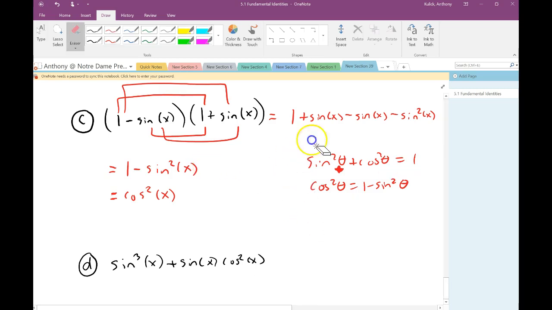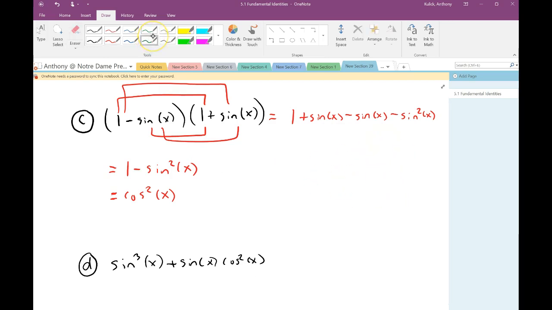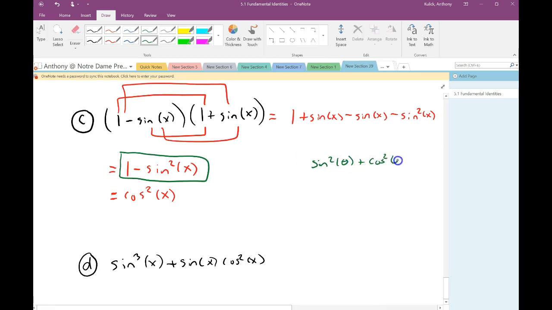Okay. So let's start this over, and we'll just kind of show you it again. So I looked here, and I saw I have a 1 and a sine squared in it. So I went to my identity sheet and saw, well, the closest thing I've got to that is the first Pythagorean identity that says this. But this isn't exactly what I have, right? Because my sine squared and my 1 are on the same side. So I'm going to rearrange this identity to get what I want.